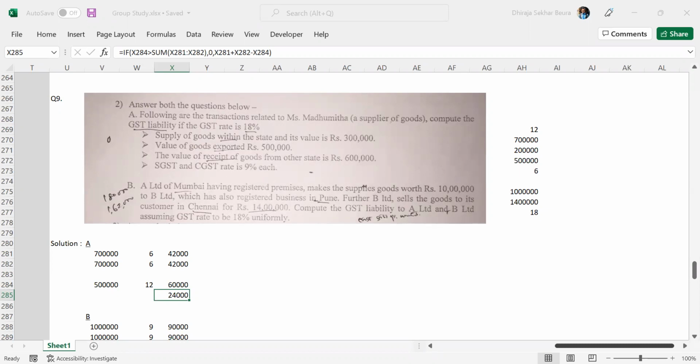Anybody facing any challenge, please? If not, then we will pick some quick theory questions and then we will move to numericals again.